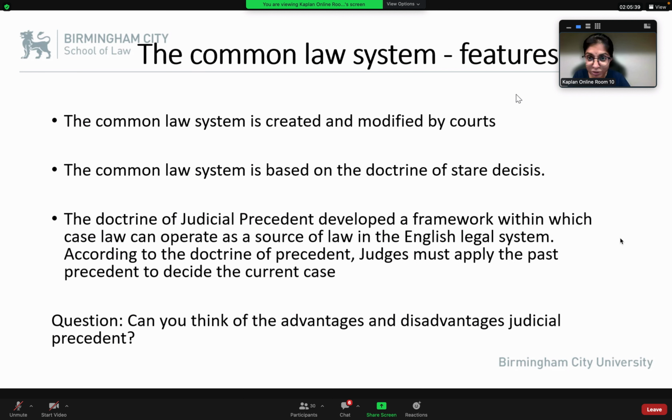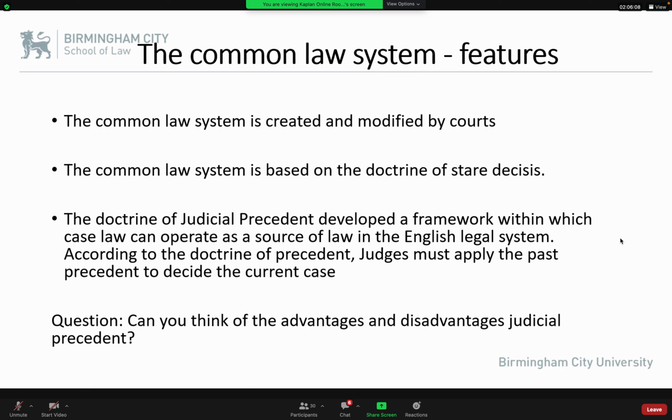So number one, we've spoken about it. But let's talk about number two now. You see this doctrine of stare decisis here? What is the meaning of stare decisis? Like I said earlier, stare decisis means let the decision stand. You see the Latin term here, right?